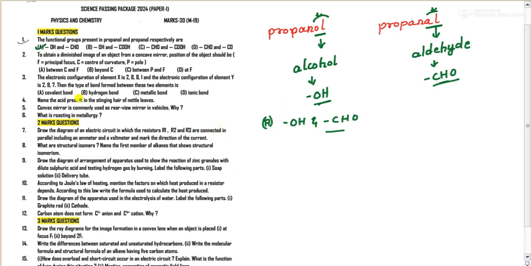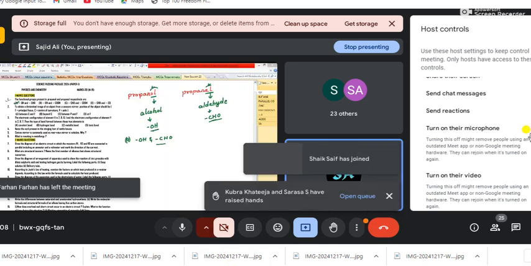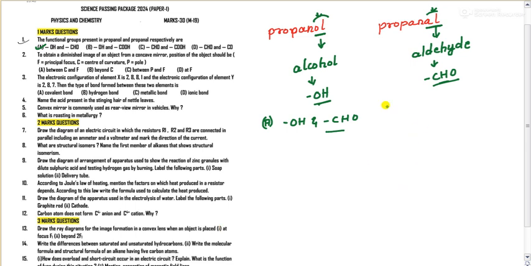Yeah, fine. So let me tell you some more things related to this. Before that, I'll mute everyone. See, other than these two, you should also know about carboxylic acid, then ketones. These two are also important.